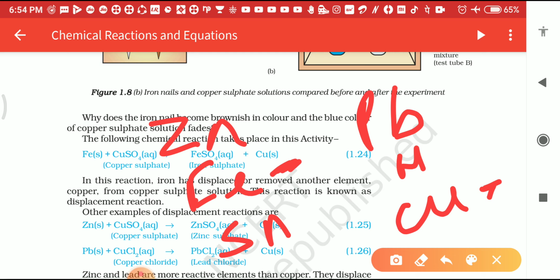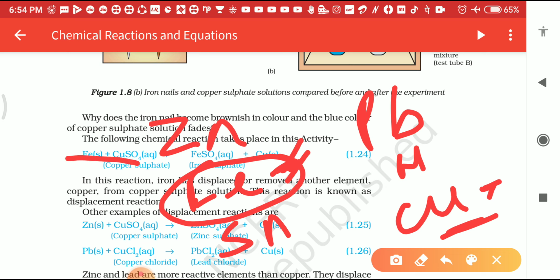It means which one is the most reactive metal? Because iron is just above the copper, that's why iron is more reactive than copper. So from these reactions you will see, in iron plus copper sulfate, iron can easily displace the copper, because iron is more reactive than copper.